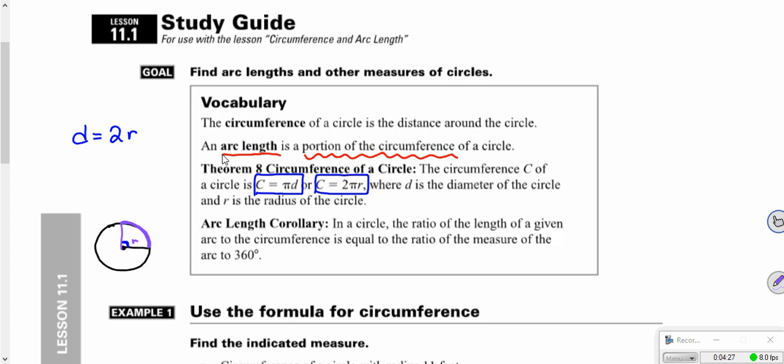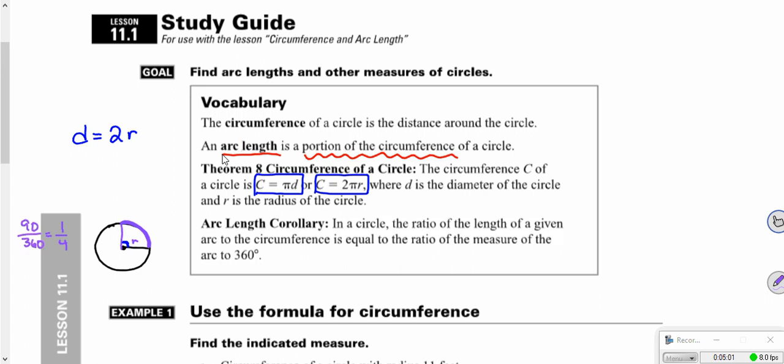Okay, so if I knew the R, if I knew whatever the radius was, and I calculated the circumference of the whole circle, this arc length that I'm drawing here in purple is going to be 1/4 of the circumference. How do I know that? Because I know 90 over 360 is 1/4. So the arc length there that I have shaded in purple is going to be 1/4 of the circumference. That's what they're talking about. Okay, that's the ratio they're talking about. We'll do some more of those as we go.